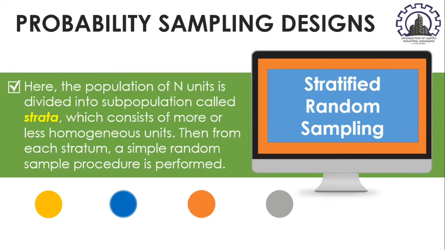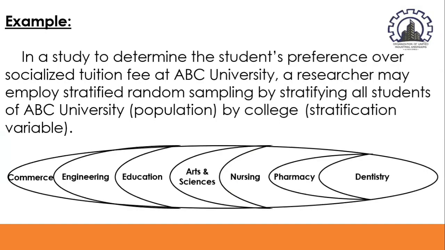So let's have a specific example in order for us to better understand stratified random sampling. For example, in a study to determine the students' preference over socialized tuition fee at ABC University, a researcher may employ stratified random sampling by stratifying all students of ABC University, which refers to your population, by college, which refers to your strata or stratification variable.